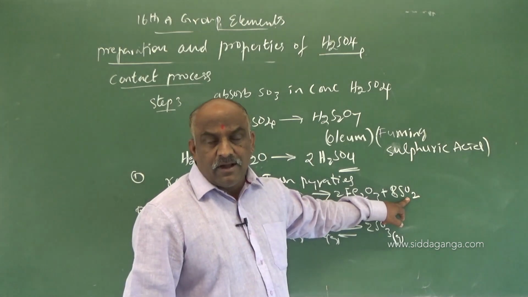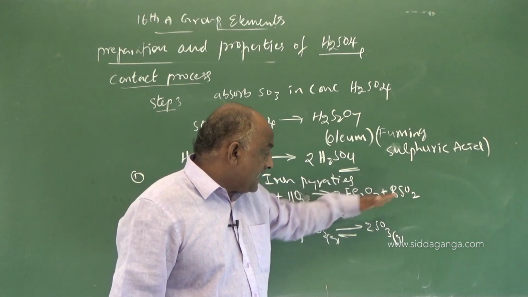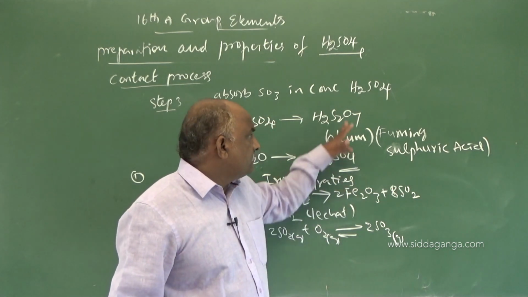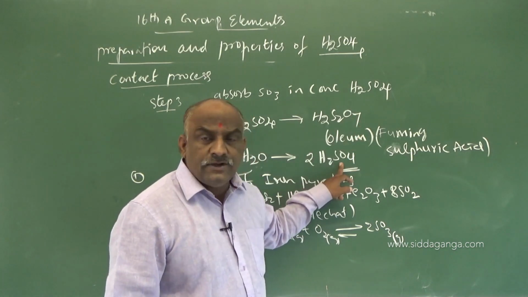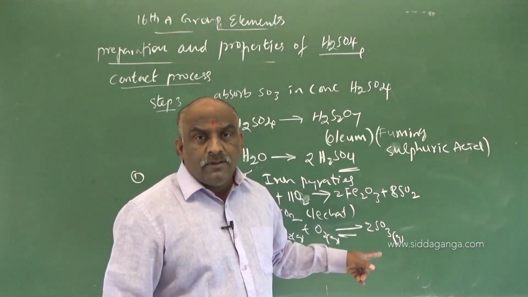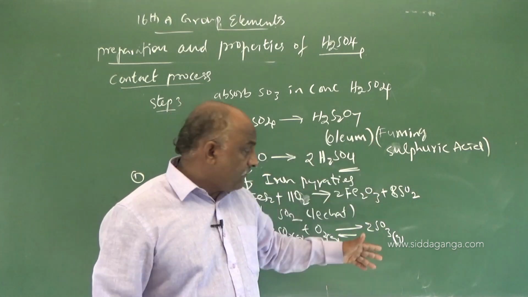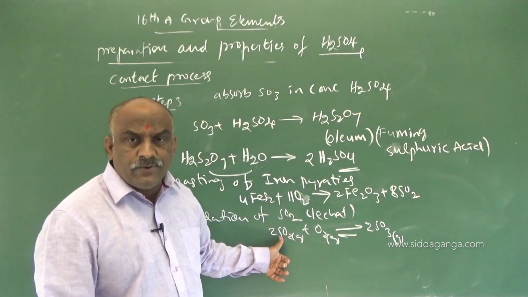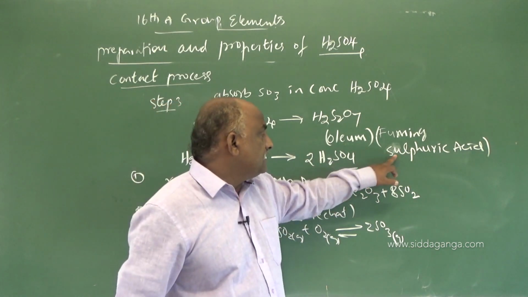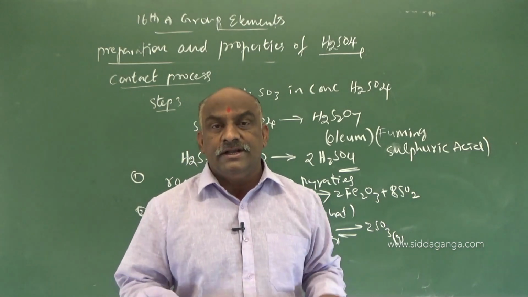Sulfur dioxide gas is evolved in step 1. Already I said iron pyrites contains some impurities. If the gases involved in the preparation of sulfuric acid are pure, then there is no effect on the contact tower. If any impurities are there, like arsenic impurity, then the catalyst may be poisoned.